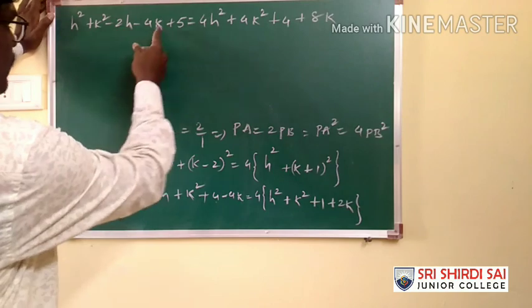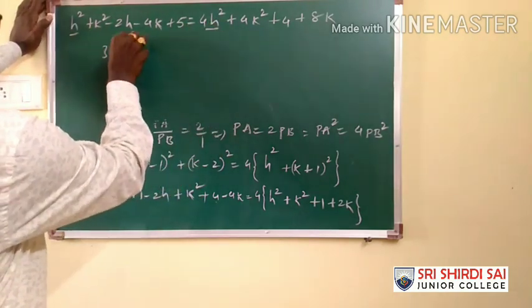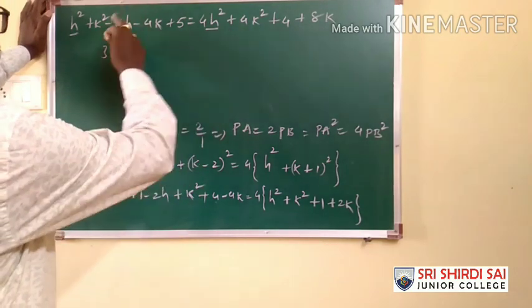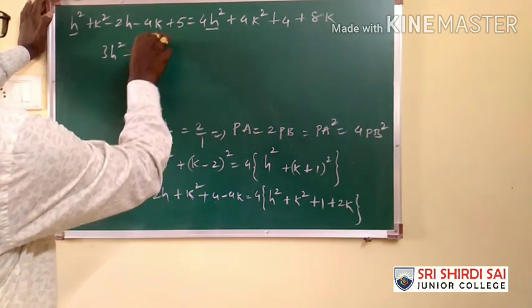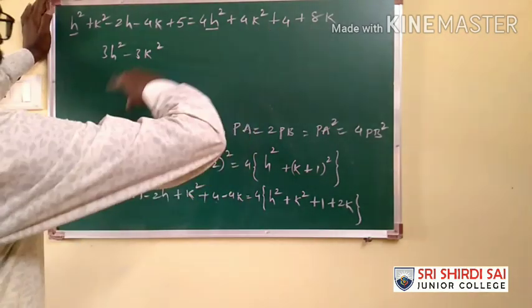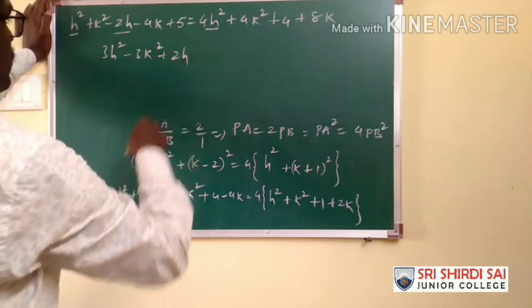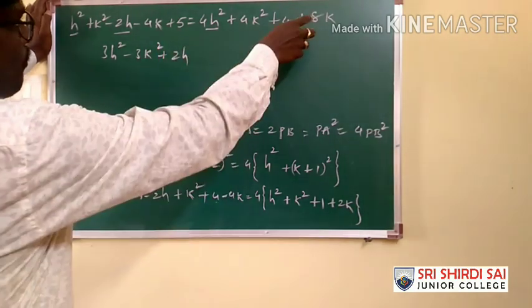Let's transpose these terms to the right side, so that we'll be getting 4h square minus h square, you'll be getting 3h square, 4k square minus k square, 3k square. Here we don't have any h terms, so on transposing minus 2h to the other side we will be getting plus 2h. Here we have plus 8k.